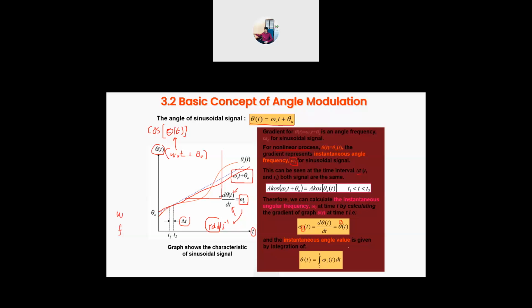The instantaneous angle value is given by the integration from 0 to t of ωi(t) dt. ωi(t) is actually dθ over dt, so the dt cancels out and we are going to have dθ. So that is the instantaneous angle.